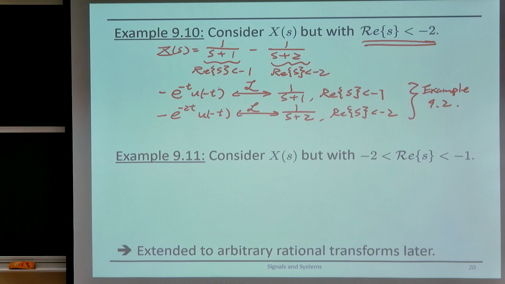So if you substitute this back into the above, you find that x of t is actually minus e to the minus t minus e to the minus 2t u of minus t.